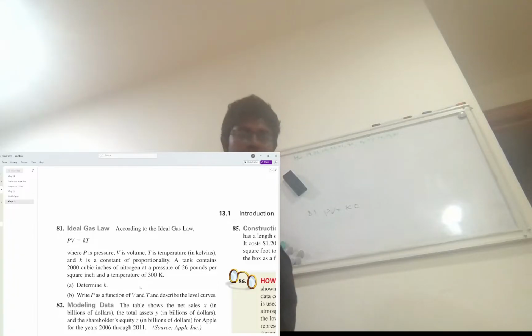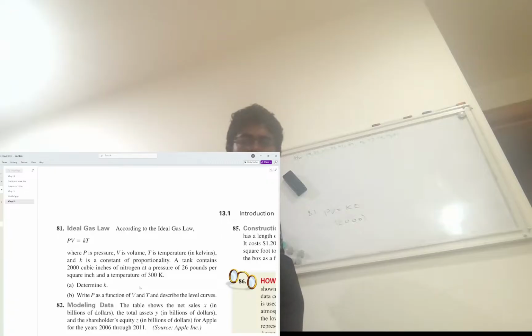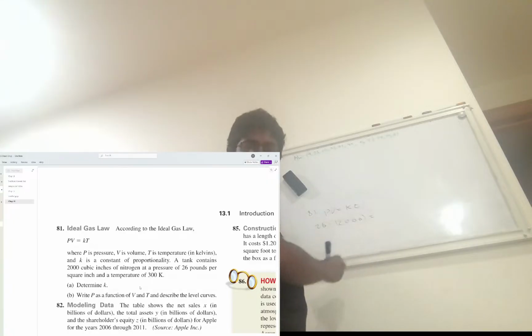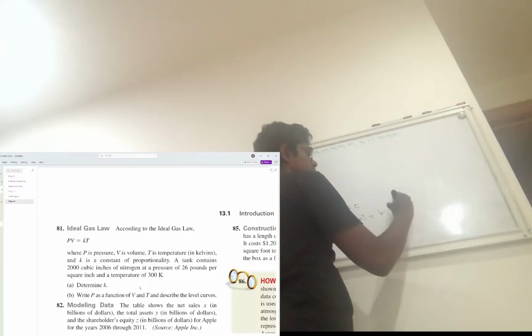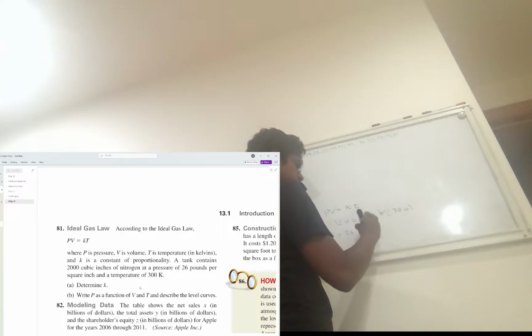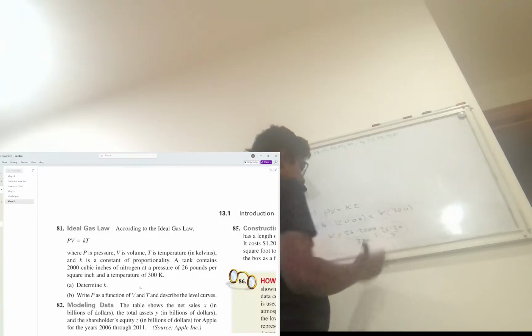The tank contains 200 cubic inches of nitrogen at a pressure of 26 pounds per square inch and a temperature of 300 K. So k is going to be 26 times 200 divided by 300, which is 26 times 20 divided by 3. Cool. That's pretty easy.